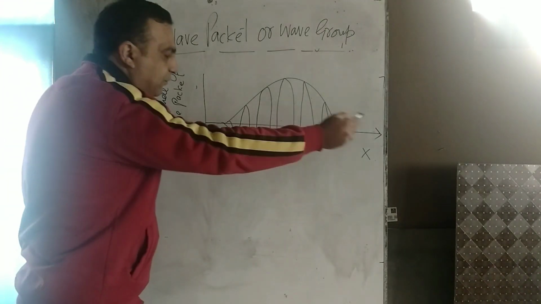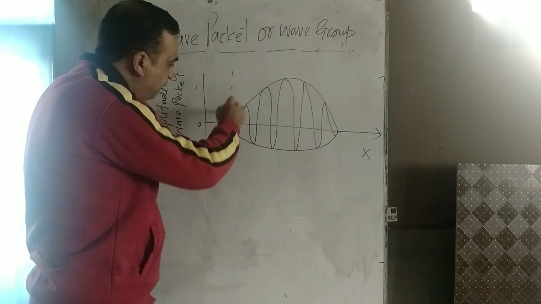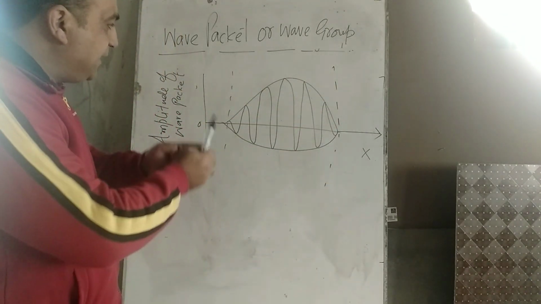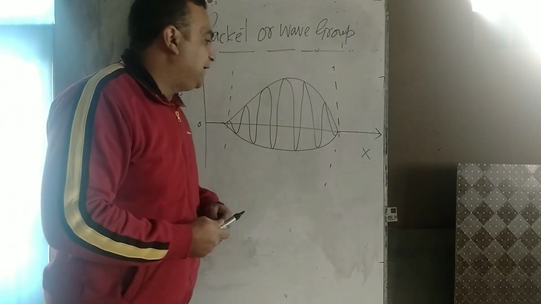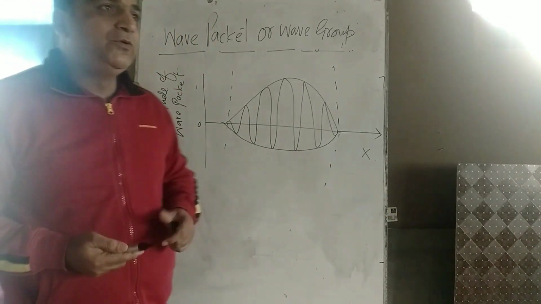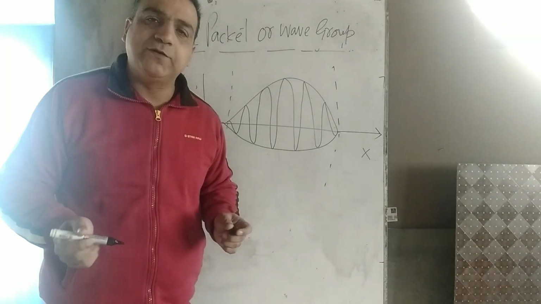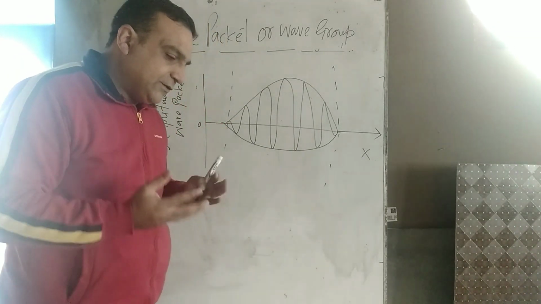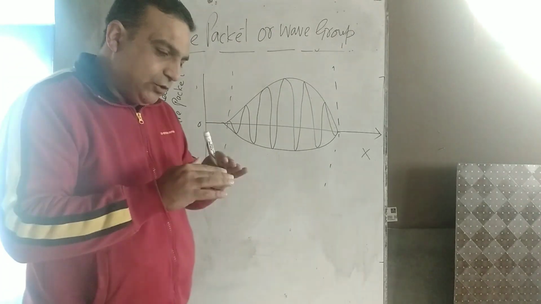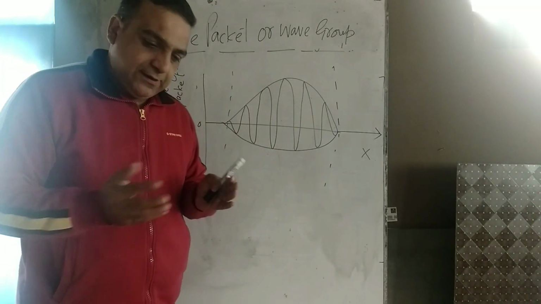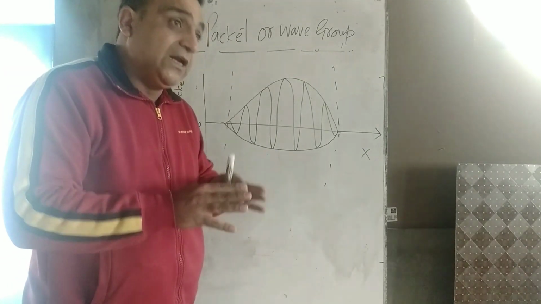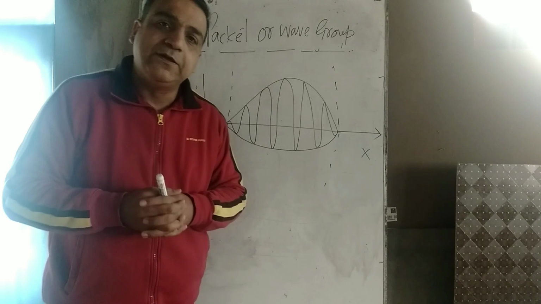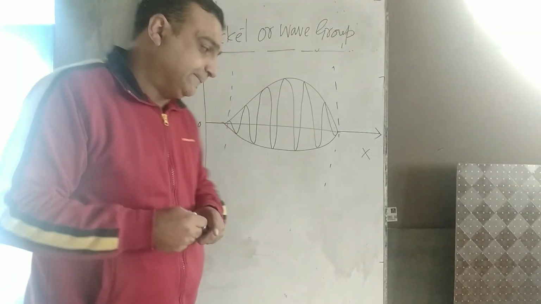Anything outside this region is attributed to the destructive interference of the waves. This group of waves has a collective velocity, and this collective velocity of the group of waves is called the group velocity.